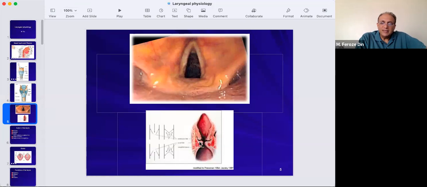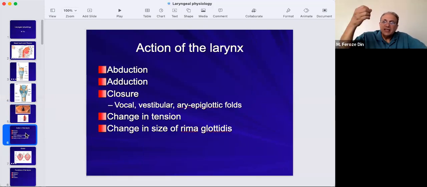Aryepiglottic means from the arytenoid cartilage to the epiglottis. So in this case, the vocal fold will be this one, the vestibular fold will be this one, and the aryepiglottic folds will be this one here. It's shown partly because it's a coronal section. This then closes the larynx completely.